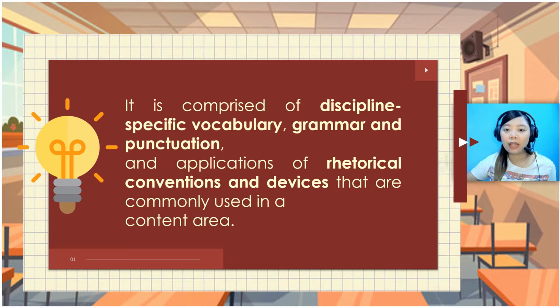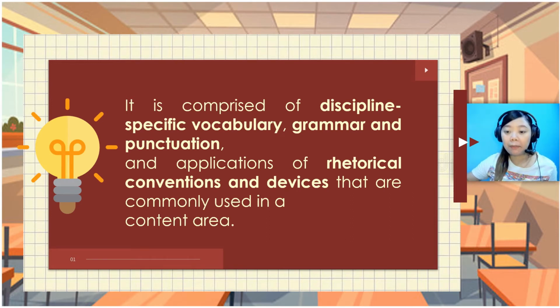Mind you, class, in EAPP our goal is to improve your writing skills. It's actually a continuation of your reading and writing skills subject, and we are teaching this to enhance your communication skills in academic writing.